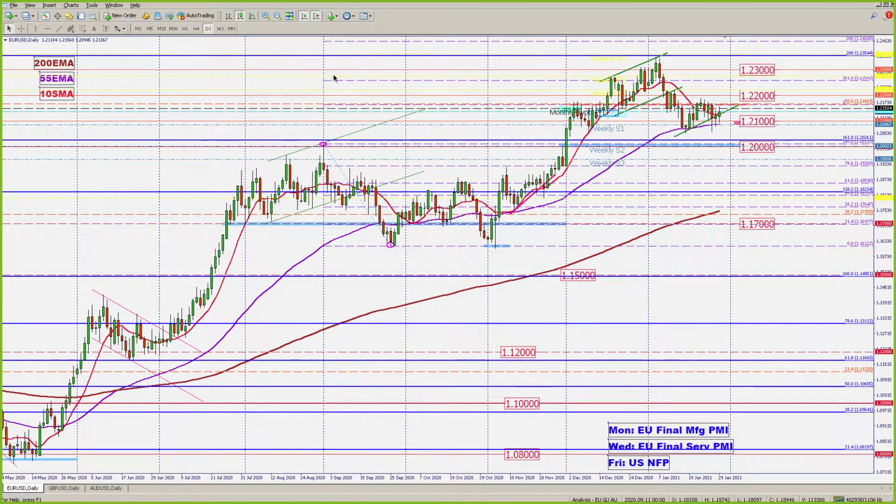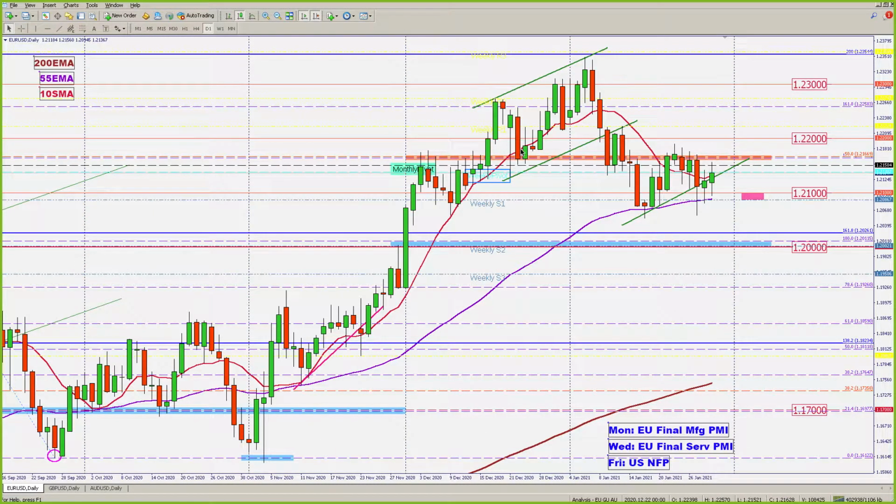Let's begin with the Euro, where you can see that it initially dipped lower before pulling back up to settle right at the weekly pivot. Let's also adjust this trend line now. I think we can probably align it to this level here.